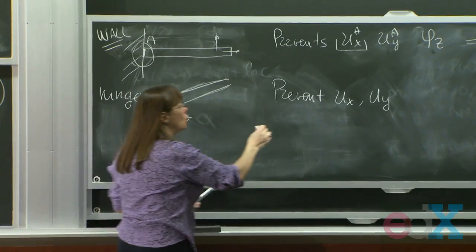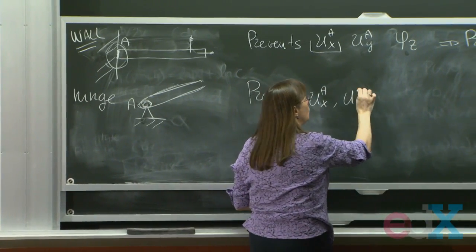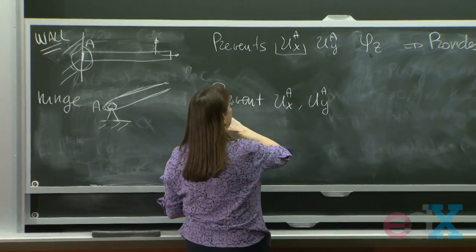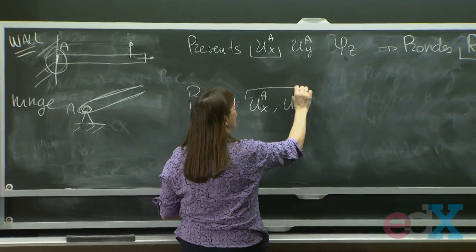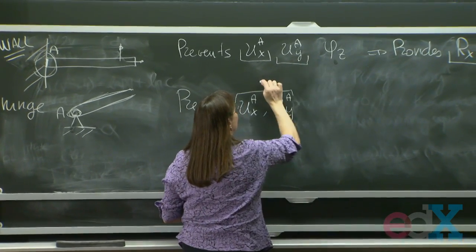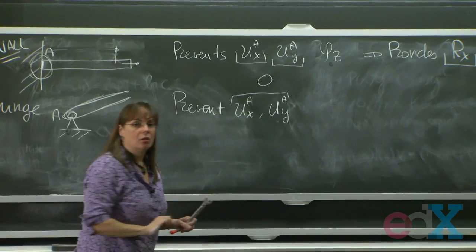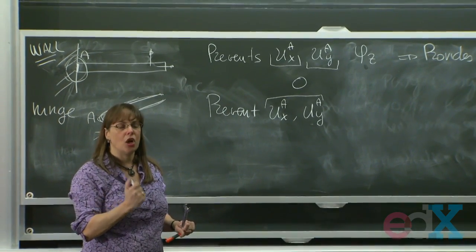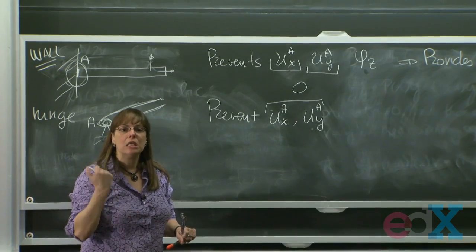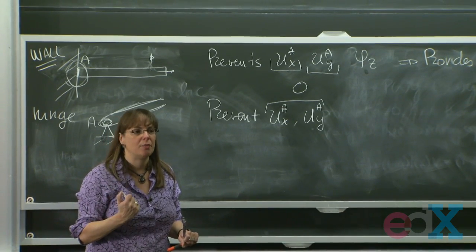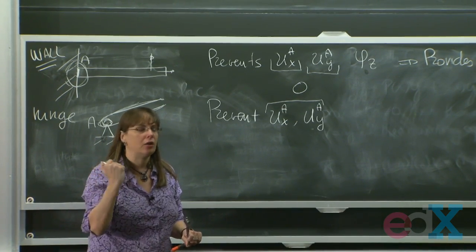So the ux at A and uy at A are fixed. Preventing them means they are 0, right? So it tells you how much is the displacement at the wall: 0. How much is the displacement at the pin? 0.